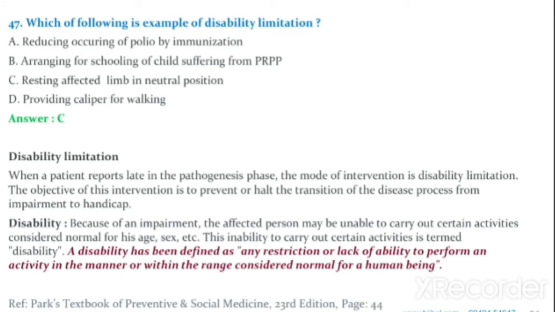The objective of this intervention is to prevent or halt the transition of the disease process from impairment to handicap. Because of an impairment, the affected person may be unable to carry out certain activities considered normal for his age, sex, etc. This inability to carry out certain activities is termed disability.